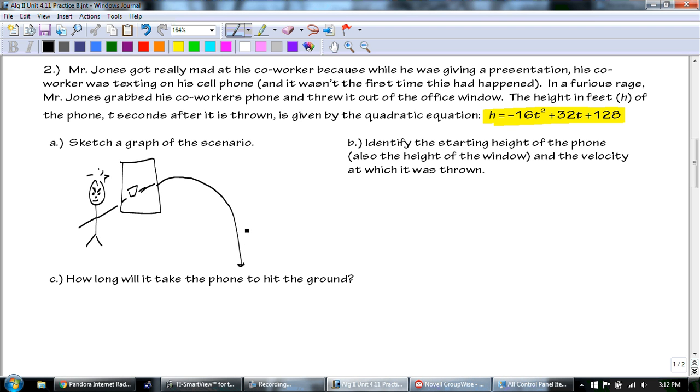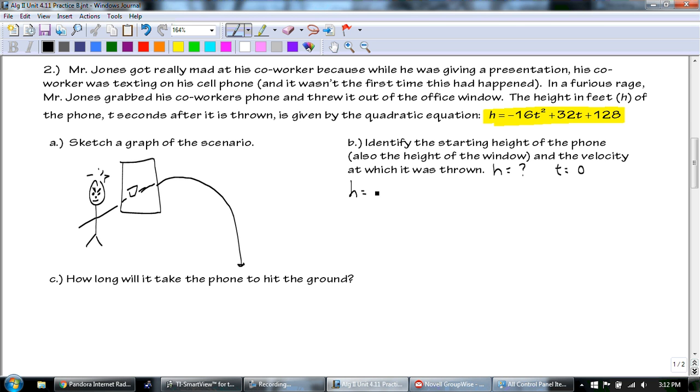That was so nice. So identify the starting height of the phone, also which was the height of the window, and the velocity at which it was thrown. So remember, I don't know the height, but I know the time. I'm sorry, I put a 0 for height. I don't know the height, but I do know the time because time is 0.